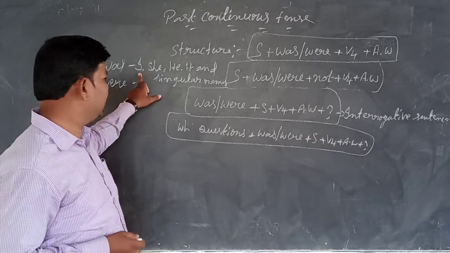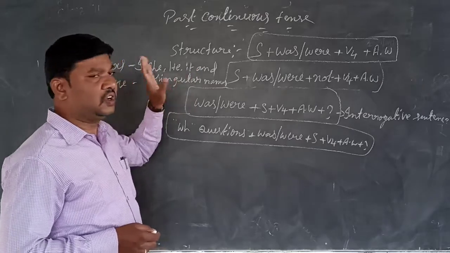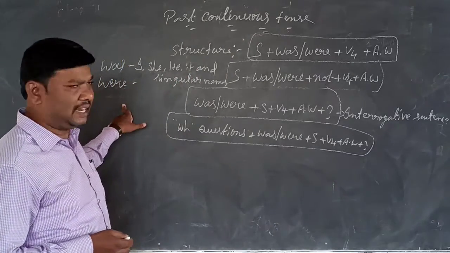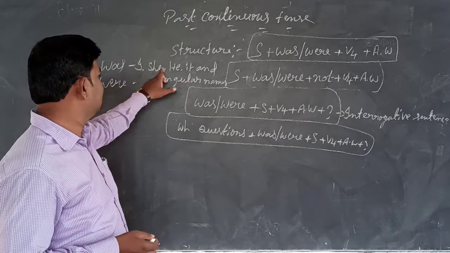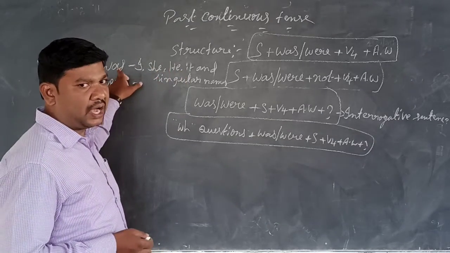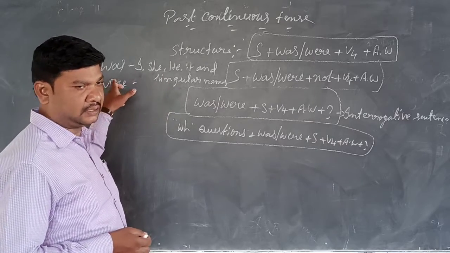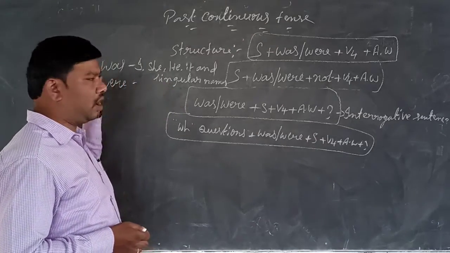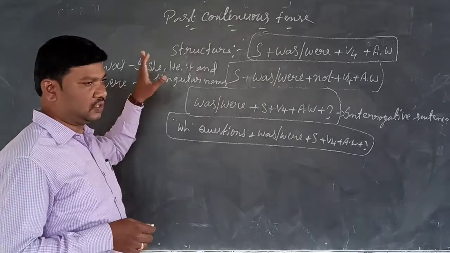I is singular. She, he, it, and singular names. So the sentences go like this: I was, she was, he was, it was, Raju was, Sita was, Gita was, Mr. John was. That is, was only for those subjects.